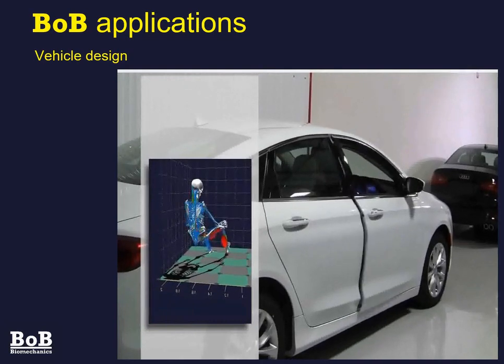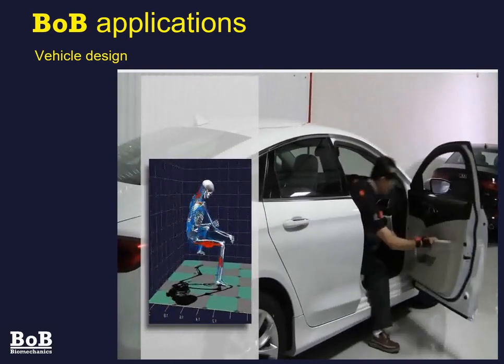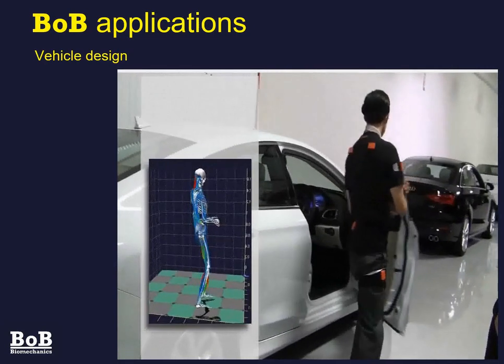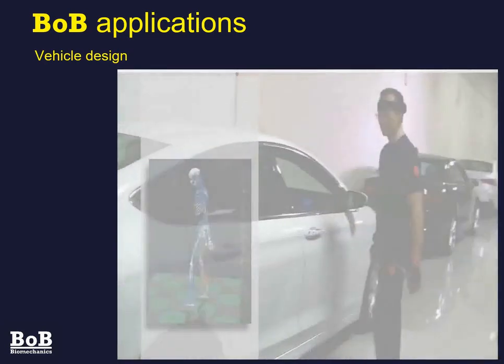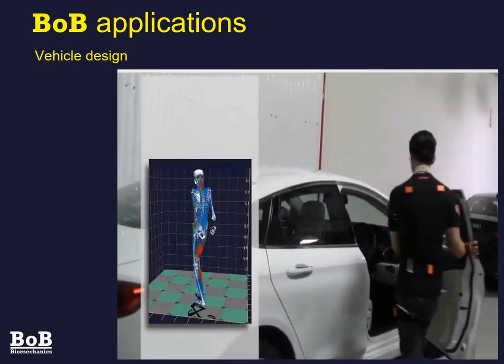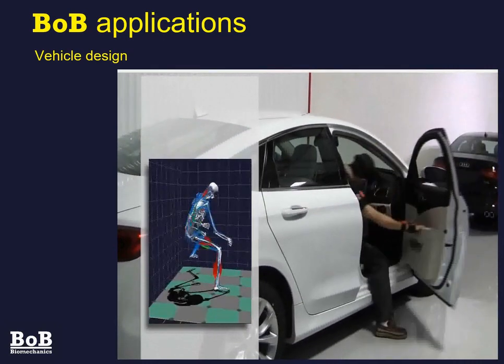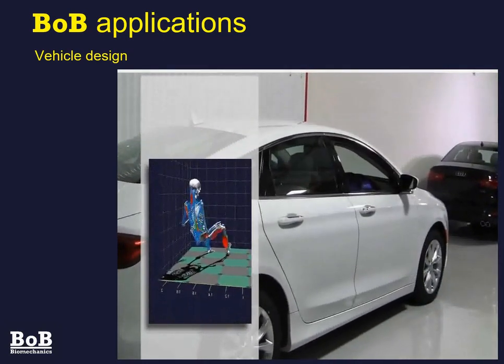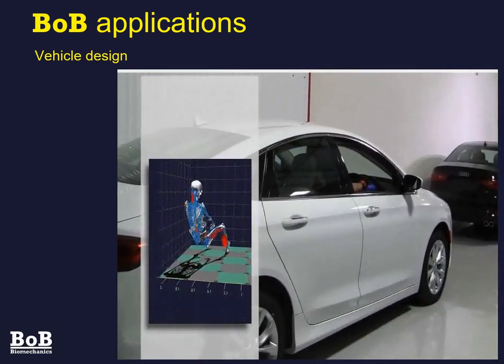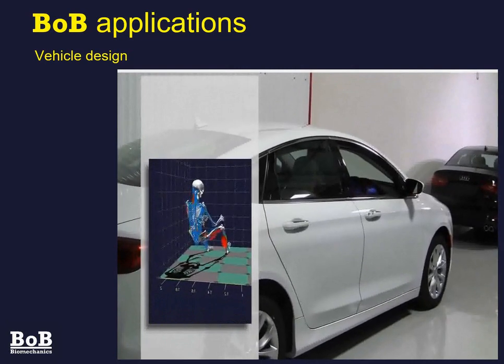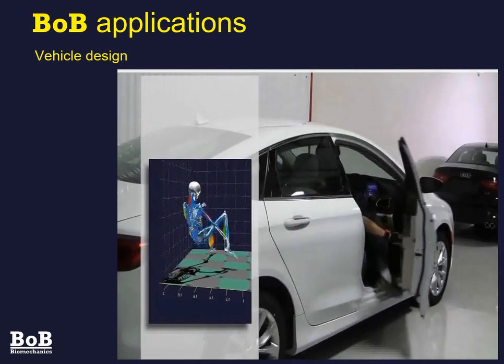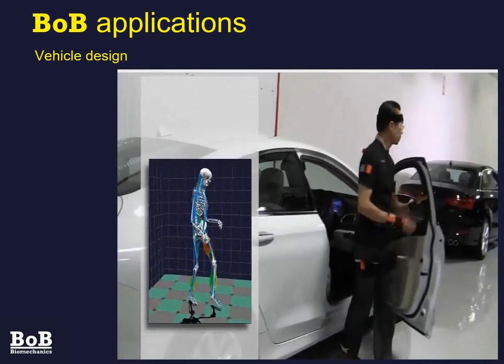This information was then fed into a biomechanical model. In this case it was BoB, which was used to calculate the loads that were occurring during ingress and egress. Using this information, the vehicle manufacturer was able to optimise the interior design of the vehicle to increase the comfort of use for both the driver and the passenger.